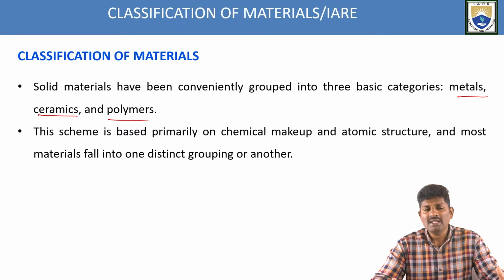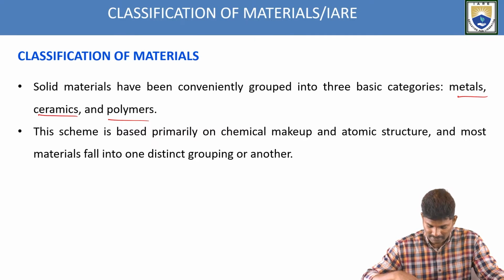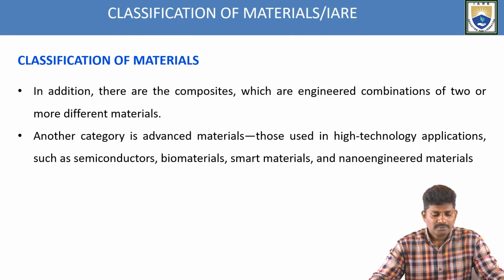So in this way we can easily classify the different types of materials. Now in addition, there are composites, which are engineered combinations of two or more different materials. So apart from the metals, polymers and ceramics, we have some advancement in the materials, like a composite material.